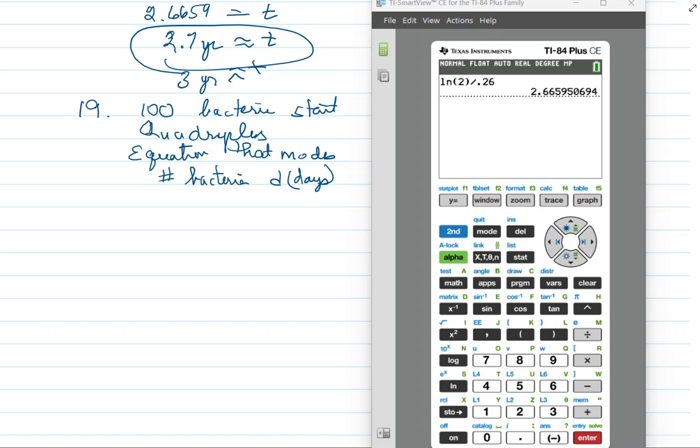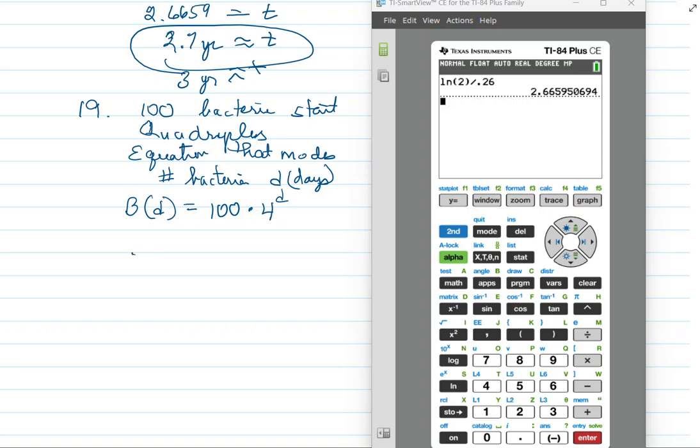But we're going to just take this first. Well, the model for this, it's a growth, right? So we're talking bacteria in d days is equal to, and we started with 100, and we're multiplying times 4 to the d days. Quadruples, 4 every day.